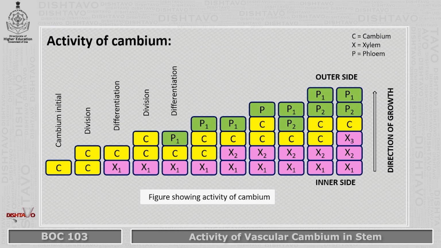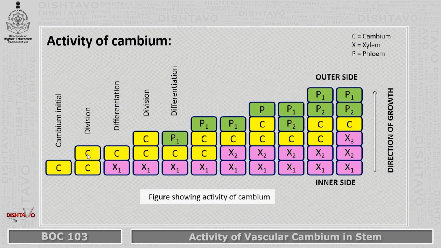The activity of cambium can be explained with the following diagram, wherein you consider a single cell of cambium. This cambial cell, in the fascicular region as well as the interfascicular region, undergoes mitotic division to form two daughter cells.